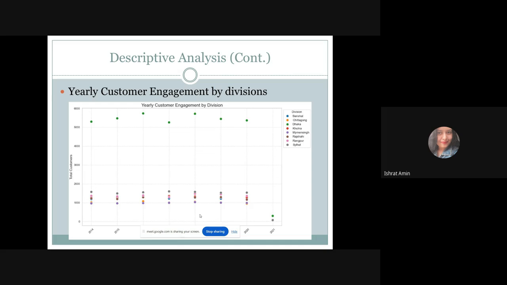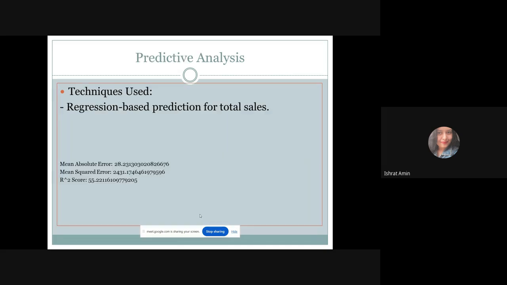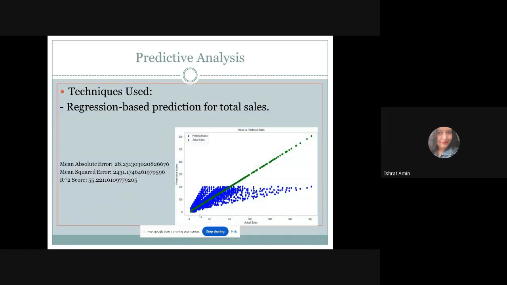Mymensingh. Here is the predictive analysis. Unfortunately, the R2 score is not very good in my model, which is why the actual sales and the predicted sales have quite a deviation.